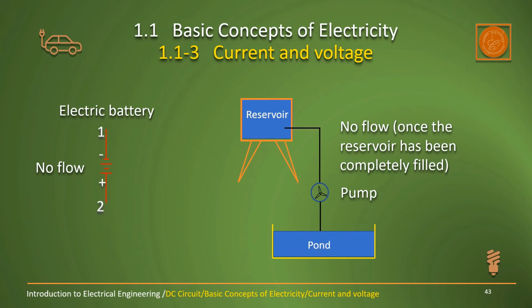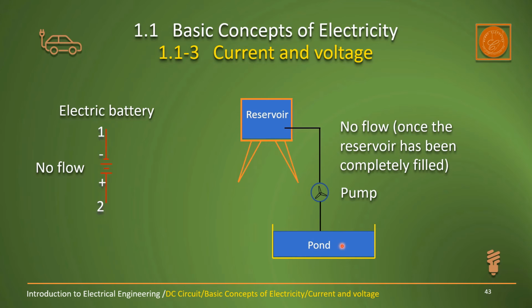Once the reservoir is completely filled up, no flow can occur. No matter how much pressure the pump may generate, there needs to be a complete circuit path for water to flow from the pump to the reservoir and back to the pump in order for continuous flow to occur.